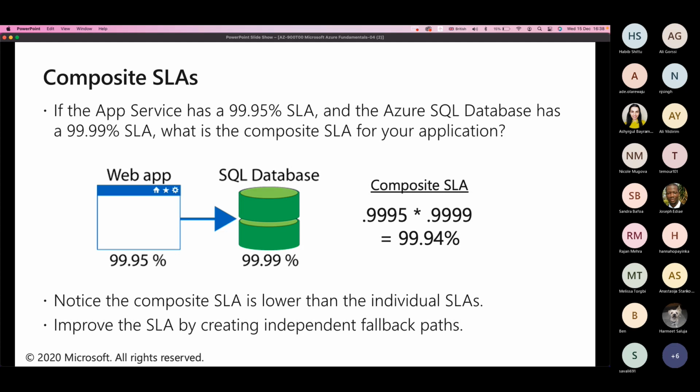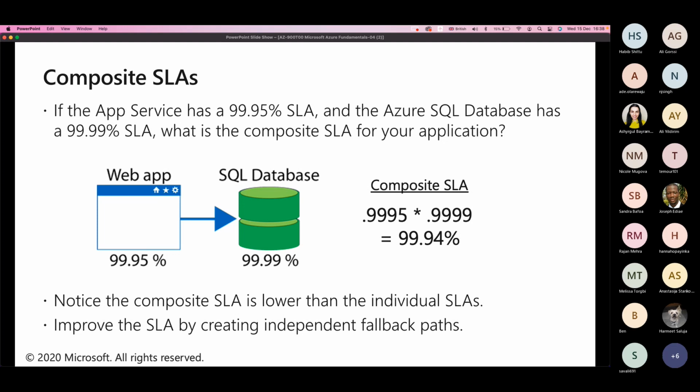So the composite SLA is not an addition of those, or the highest one, or the lowest one. It is the product of those.